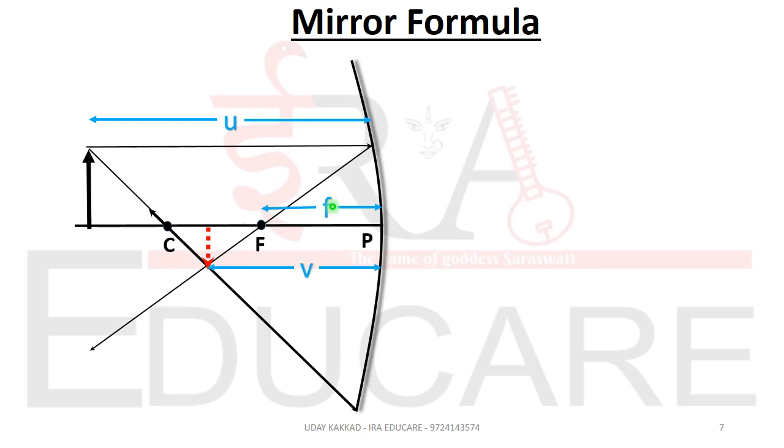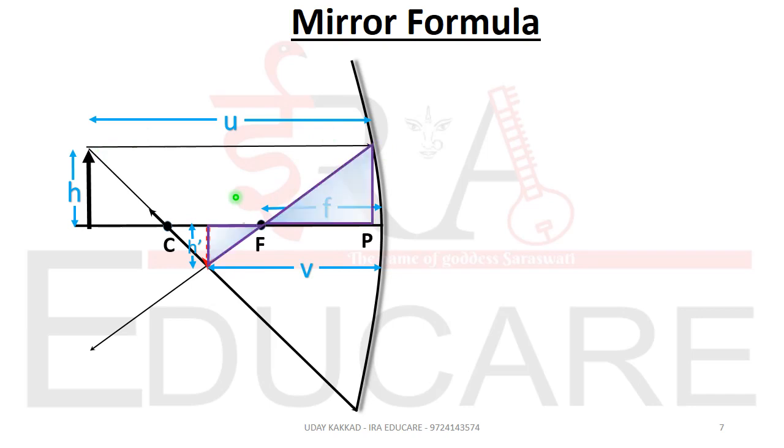And the length from P to the image is called v, right? The height of the object is h and the height of the image is h dash. So the distance between P and image is v, P and F is f, and object and P is u. So these are the variables.